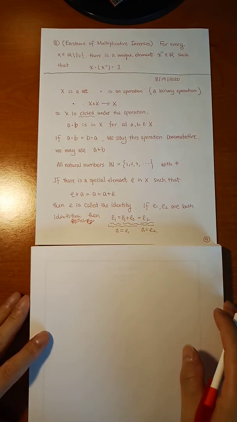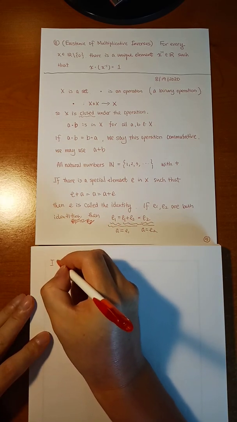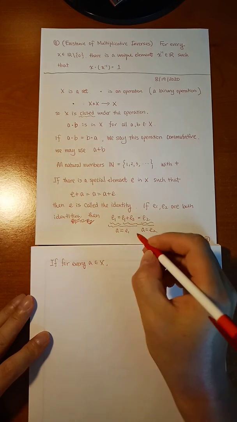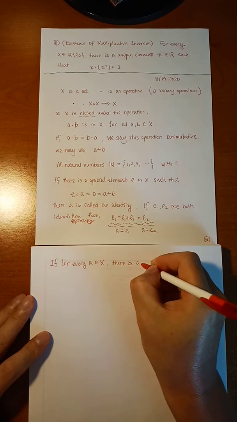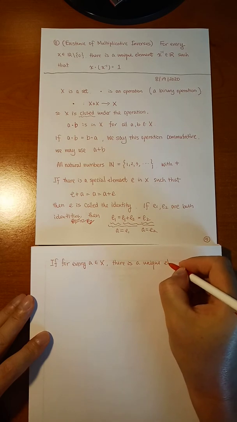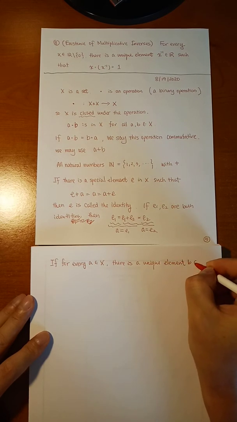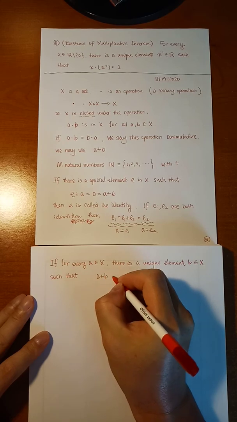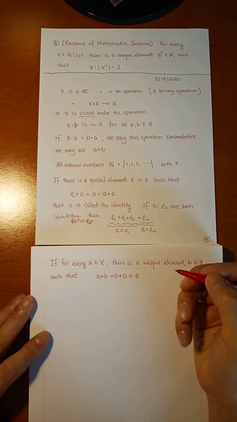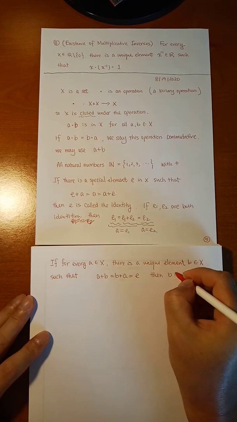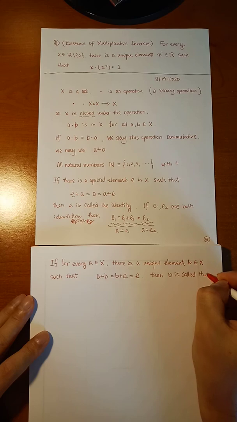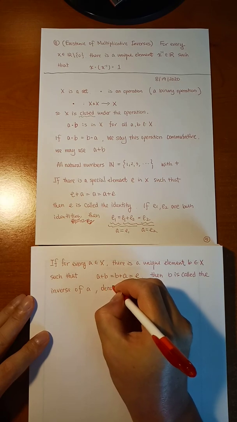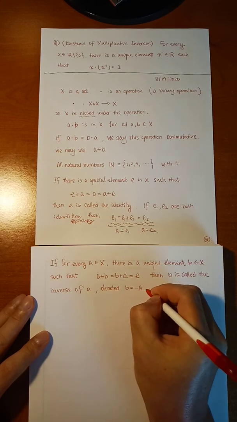Okay, after you have identity, if for every A in X there is a unique element B in X such that A plus B is equal to B plus A is equal to the identity, then B is called the inverse of A, denoted B equals negative A. Okay?